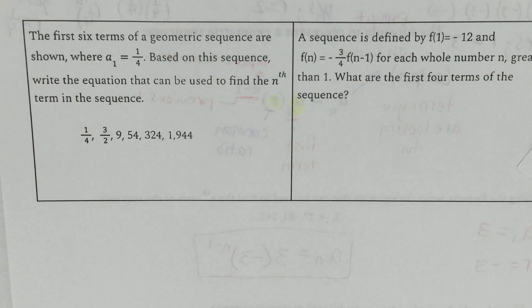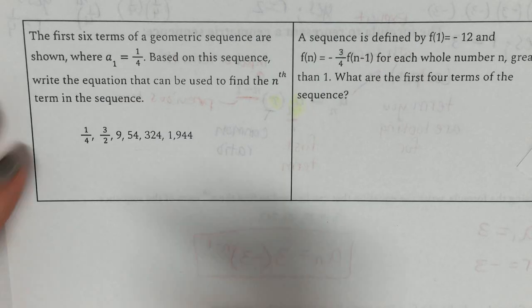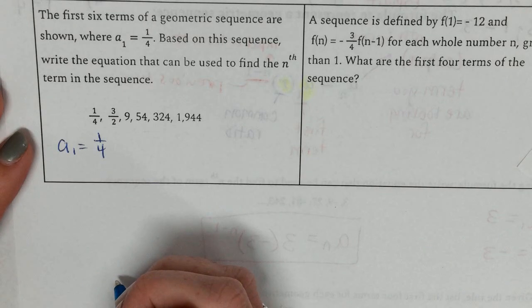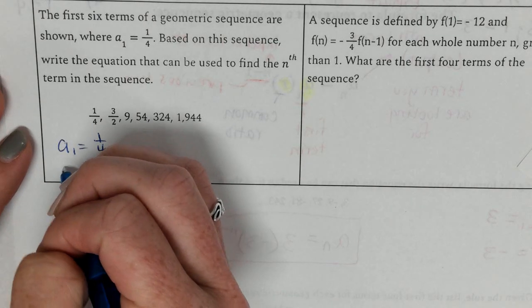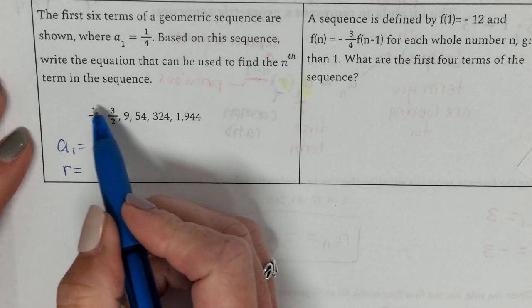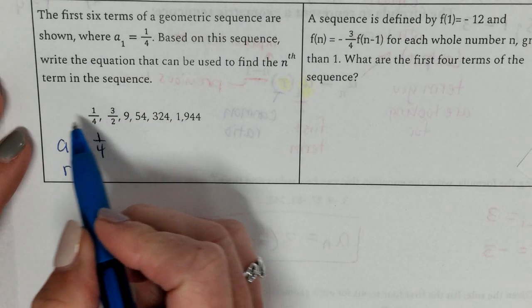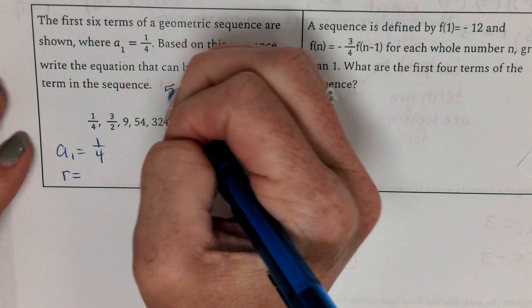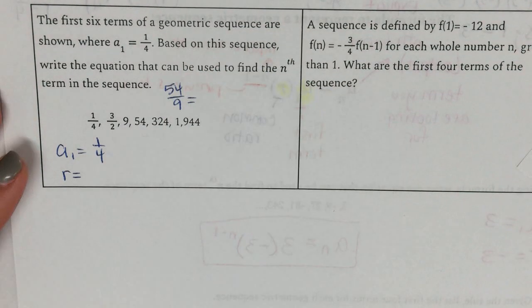Okay, well this is exactly what we've been doing. I need a first term, which is 1/4. What else do I need? A common ratio. Do I have to use the first 2 terms to make a ratio, or can I use any of them? Any of them. I'm going to do 54 over 9 and see what it simplifies to.